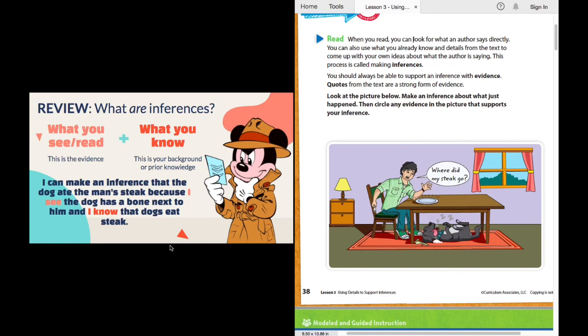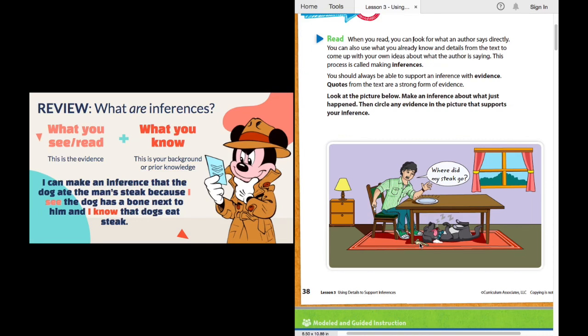So that's my evidence. And then you add what you already know, your background knowledge and prior knowledge, to create the inference. So here I can make the inference that the dog ate the man's steak because I see that the dog has a bone next to him, and I know that dogs eat steak or they eat meat in general. So that can lead me to believe that the dog ate the man's steak.